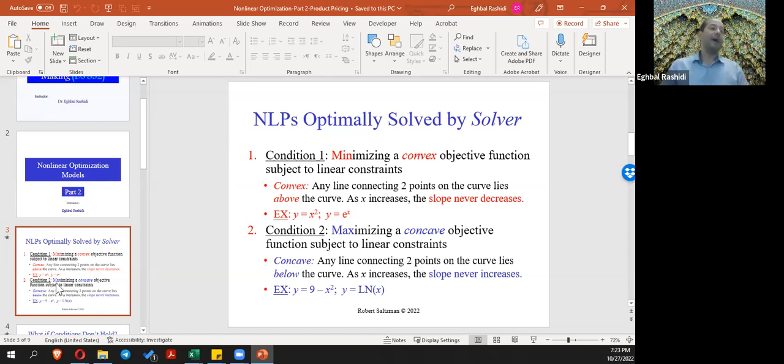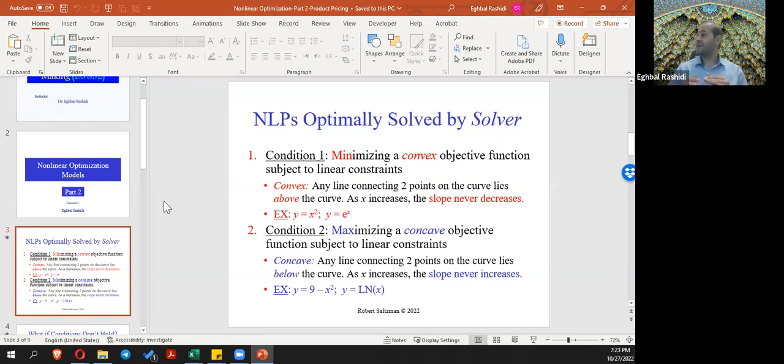Before I do that, I want to talk about the convex and concave idea that I mentioned. Generally, when solving a nonlinear programming model using the GRG or other methods, we are not sure whether we have found the optimal solution or are stuck in a local optimum.